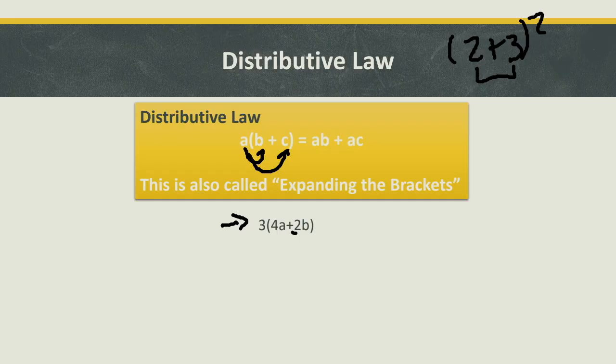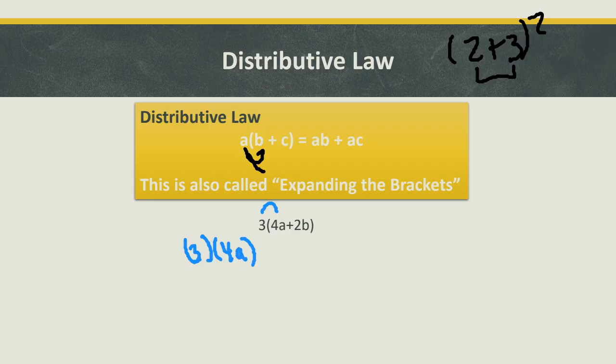So it means that this 3 has to be multiplied by the 4a, and the 3 has to also be multiplied by the 2b. So let's use some colors here. I'm going to erase that. 3 times 4a. So I'm going to do this in blue. So that means I have a 3 times a 4a, right?